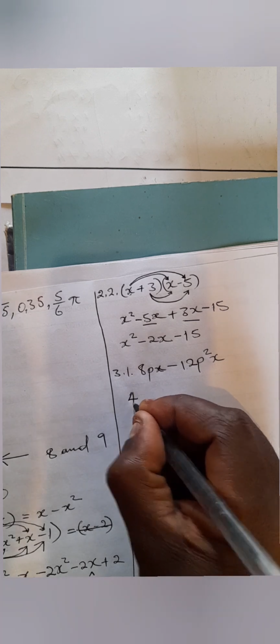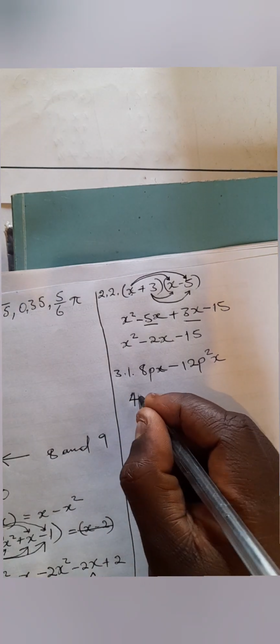So common factor of 4, p and x. So 4px into 2 minus 3p, for 2 marks.